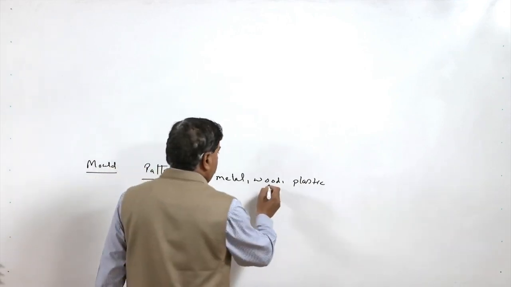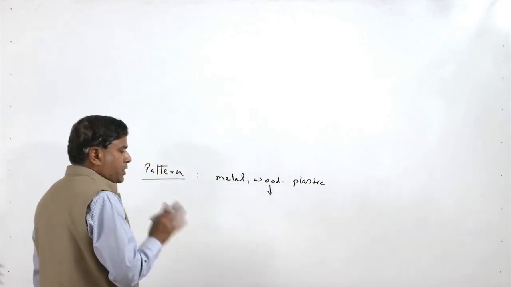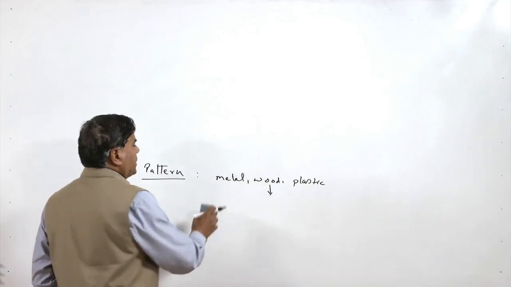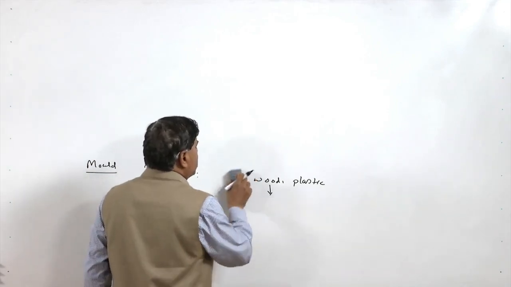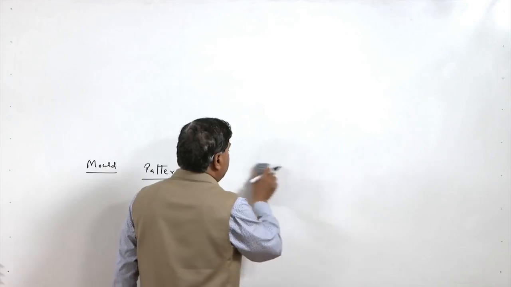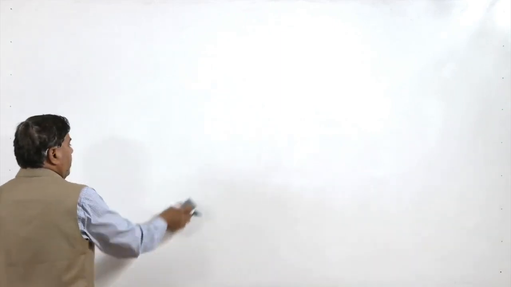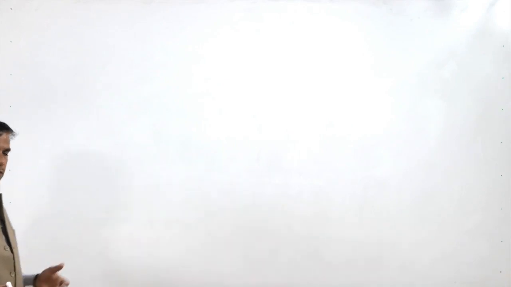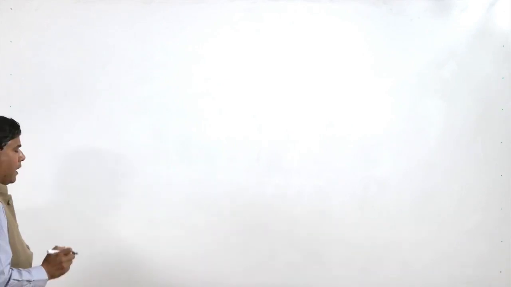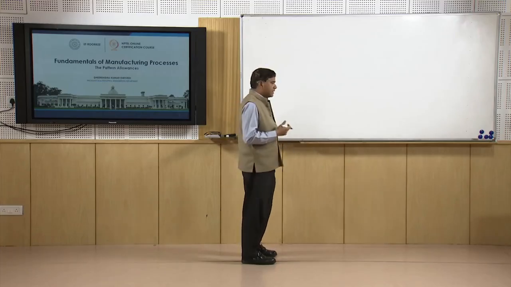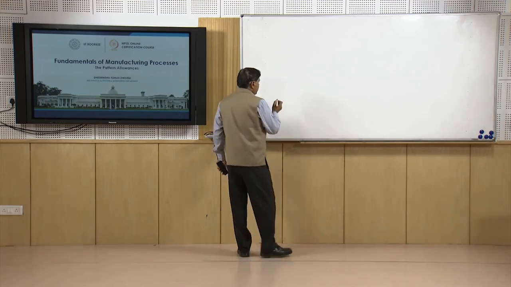For low volume production and cost effective processes, wood is commonly used for making the pattern, but metallic patterns can also be prepared when a large volume is to be produced, and also when a good surface finish and good dimensional control is needed.